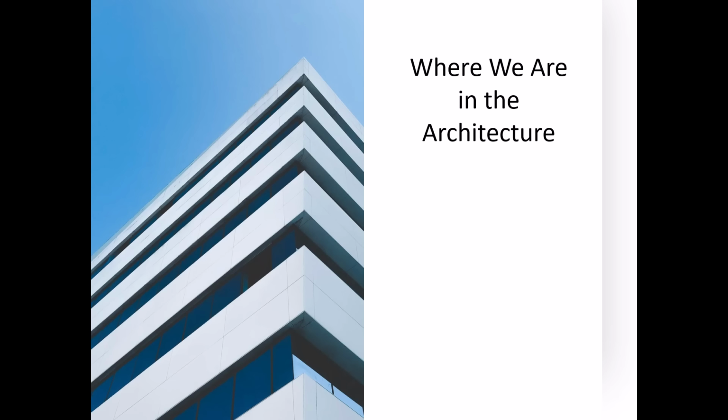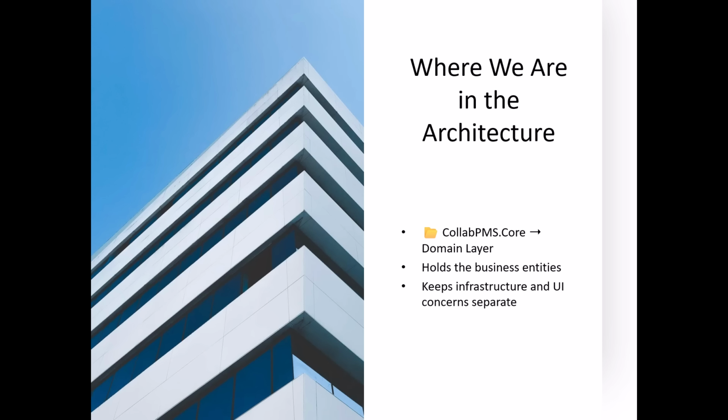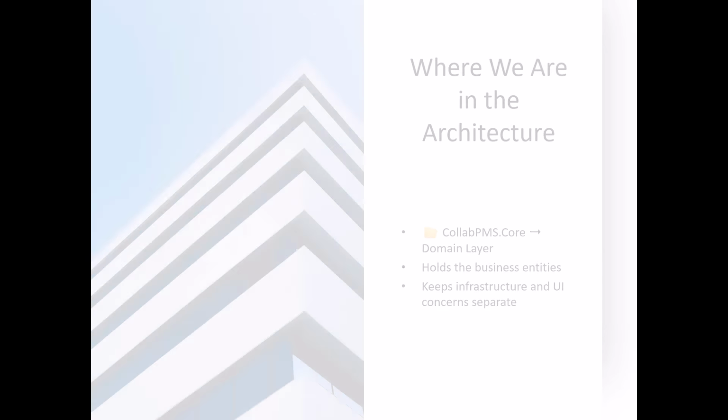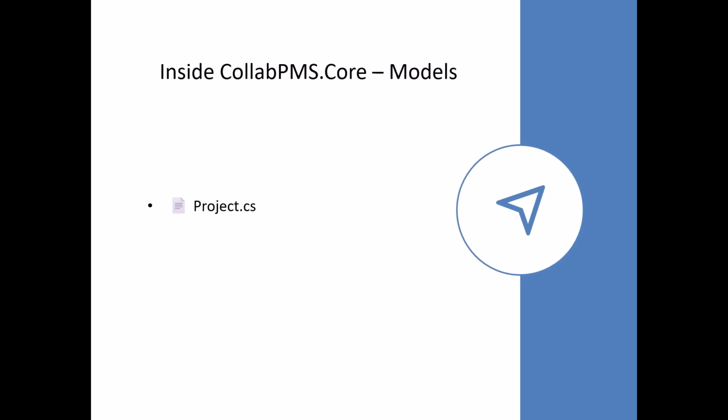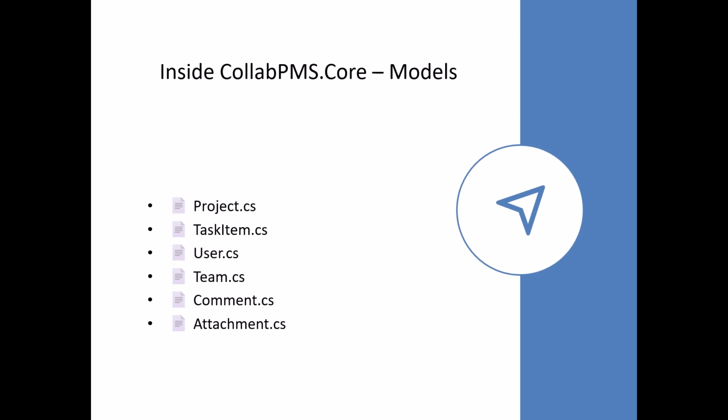So let's see where we are in the architecture. We'll be working in the domain layer, that is the core project, which holds the business entities and keeps infrastructure and UI concerns separate. Let's see inside the core models. Project, task item, user, team, comment, and attachment will be the models. Each file will hold a simple C# class with ID, as has been conventional in my past videos.